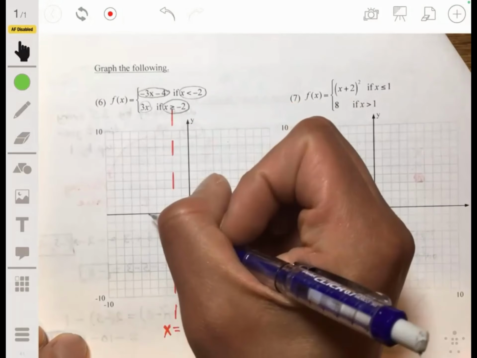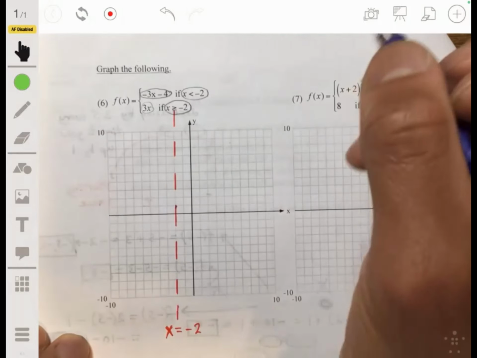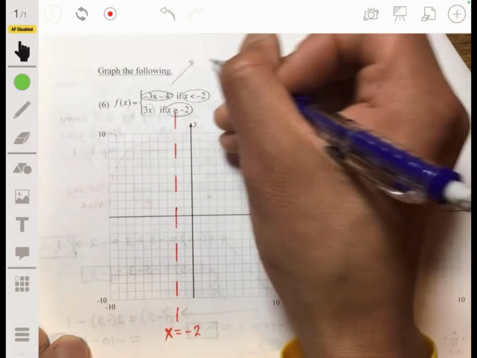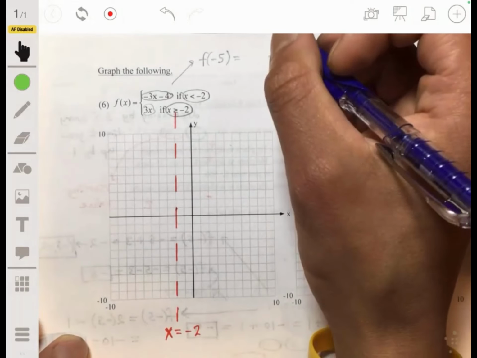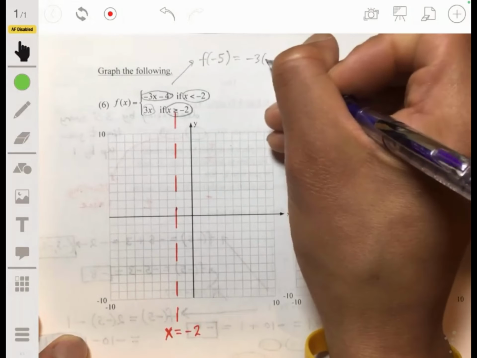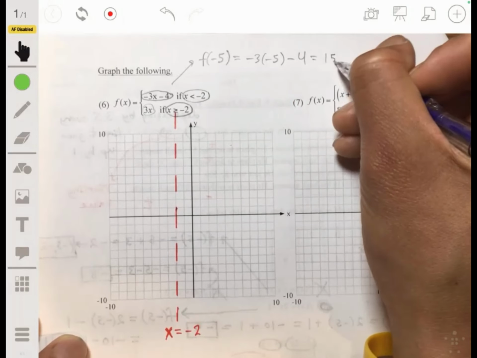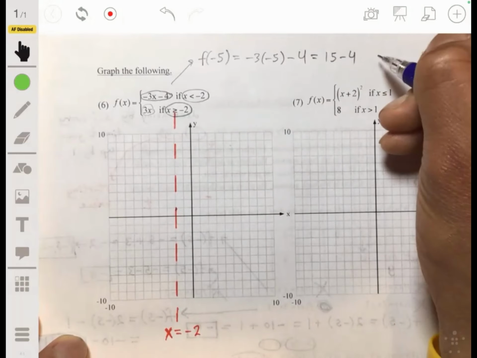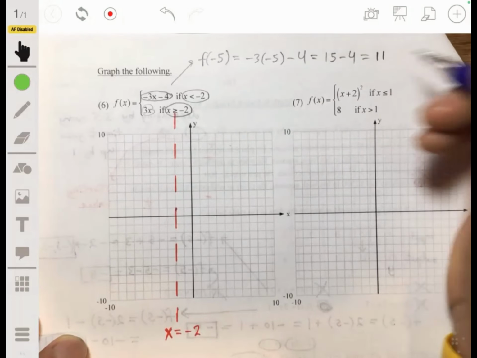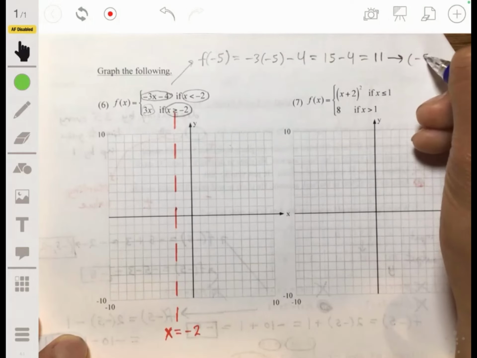Let's plug in negative 5, for example. So f of negative 5, we're going to get negative 3 times negative 5 minus 4, 15 minus 4. And we're going to get 11. So that means we're going to have 1 point at negative 5 comma 11.